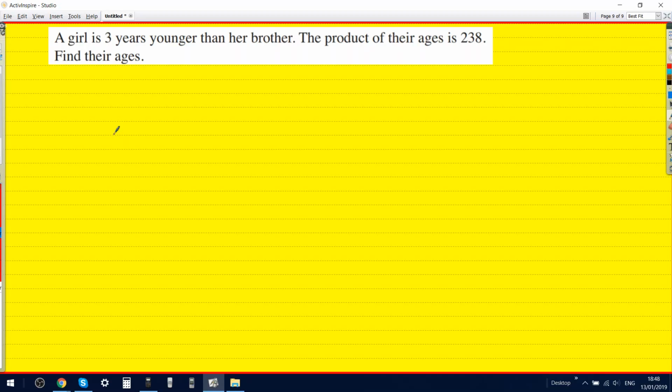We did something similar to this. You have to multiply their two ages together.